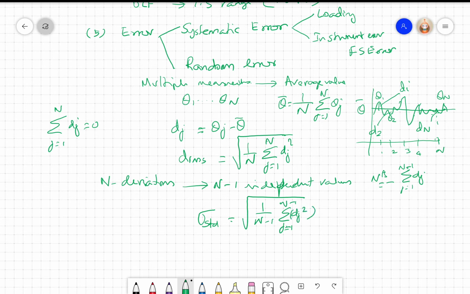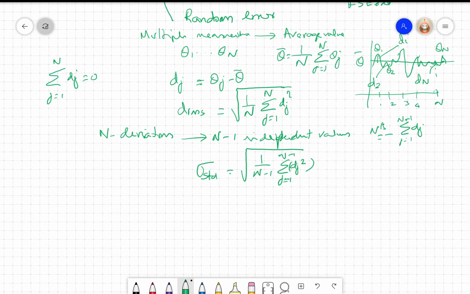So as long as there are no outliers, there is no bias, you can use any n minus 1 deviations. It's not a very big problem, right?